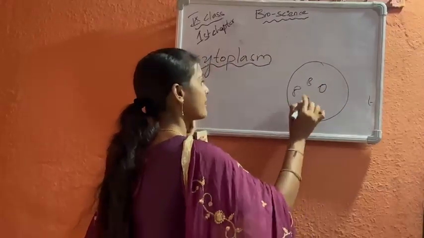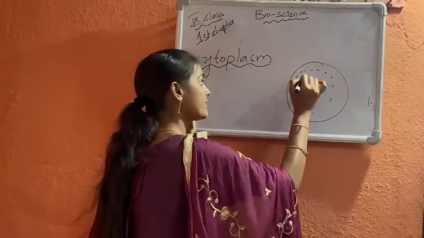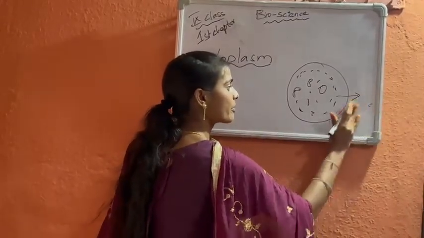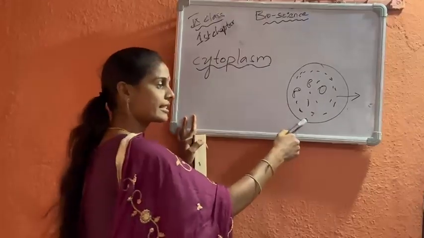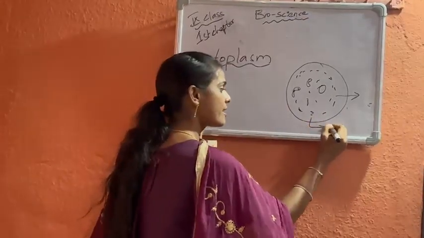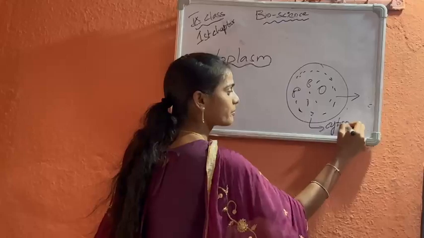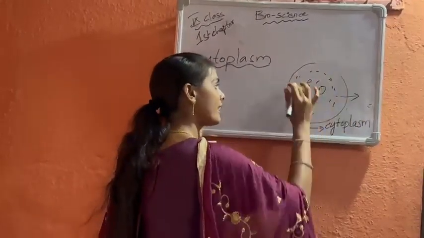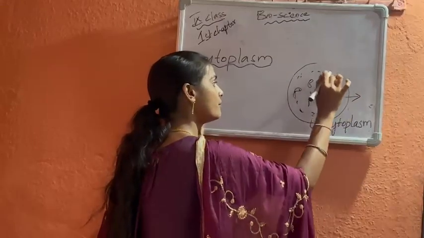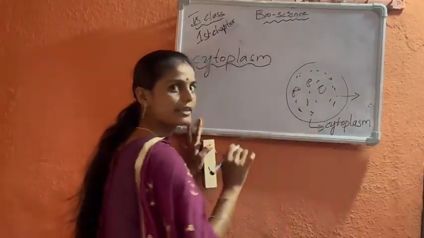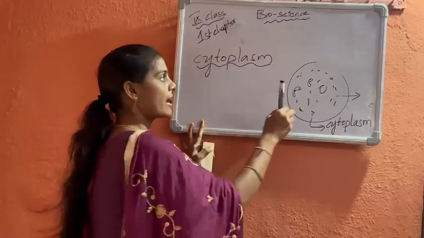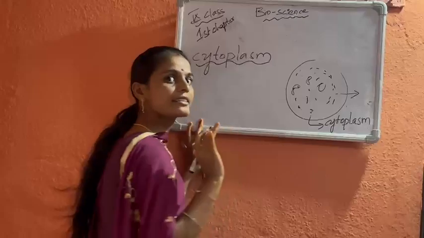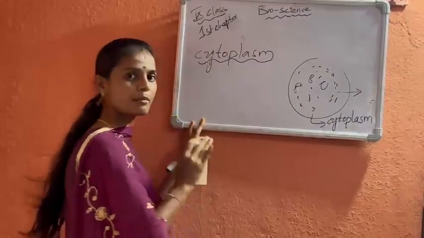But the fluid which is present inside the cell is called cytoplasm. Between the cytoplasm all these organelles are present. The cytoplasm helps in the floating of all these organelles inside the cell.